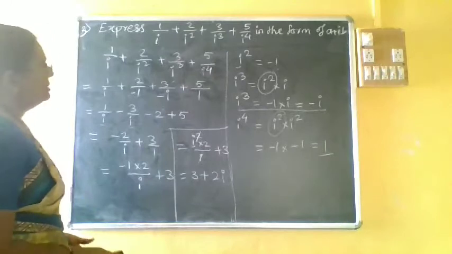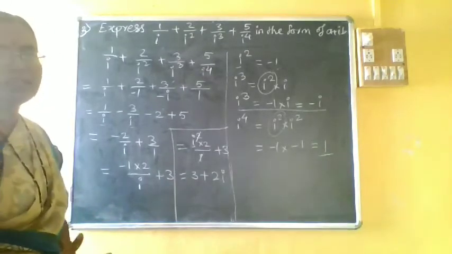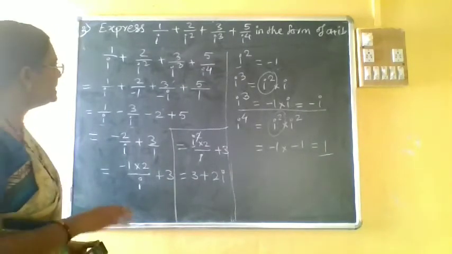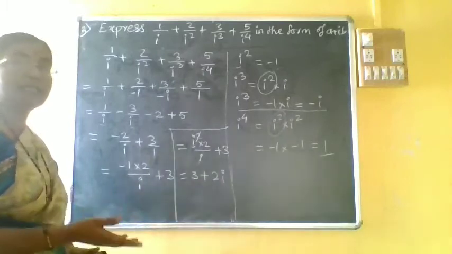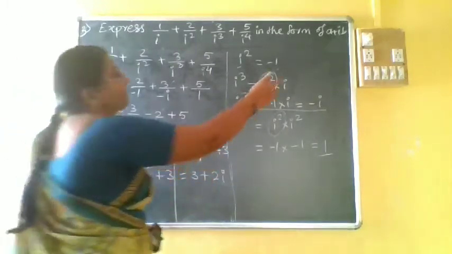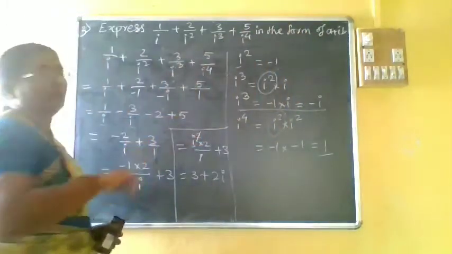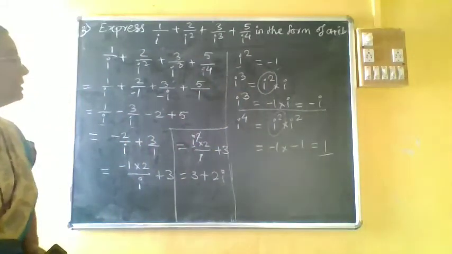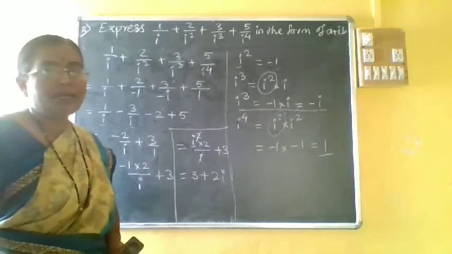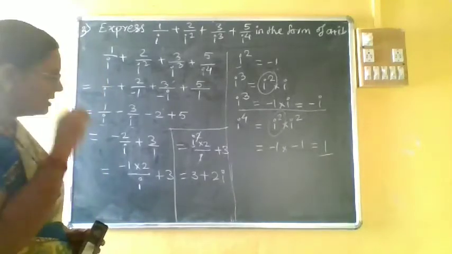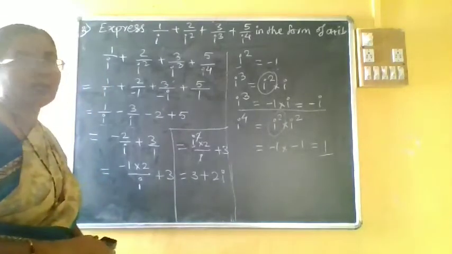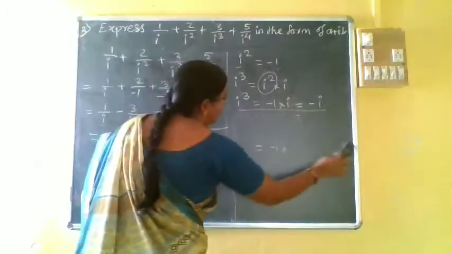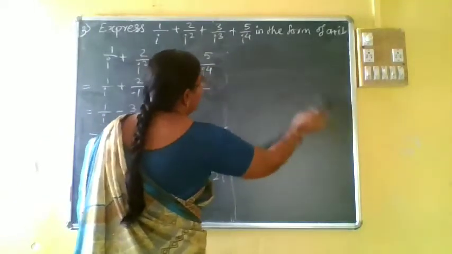Students, try another example of this type and express it in the format of a plus i into b. Practice it and tell me about your queries in the comments also. I will try to solve your queries by seeing the comments in the box.